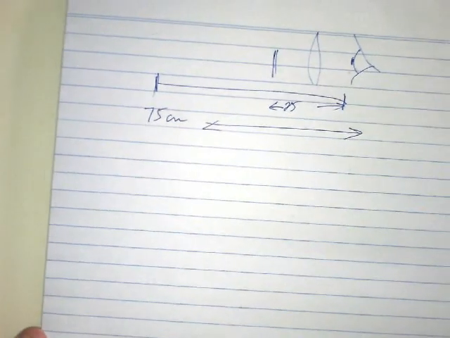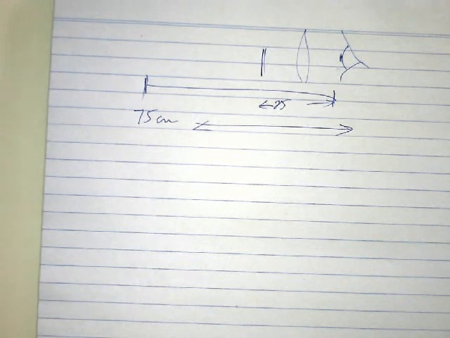Okay, so what does the lens have to do to make this thing work? Before you try and do the problem, what does the lens have to do to make it work? Concave.